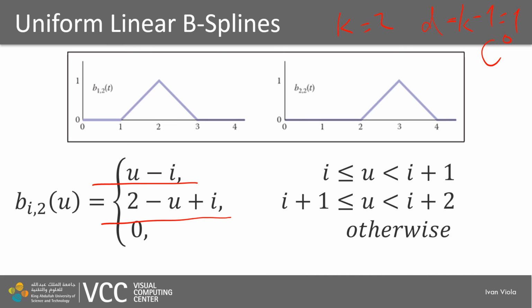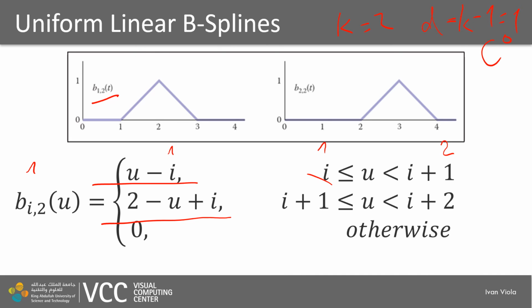So let's have a look at the formula. What does it say? Let's say that i is the first one, so this B-spline basis function is u minus 1 if u is between 1 and 2. So if u is 1, this value will be 0, and then it will be increasing until 2, to the value of 1.